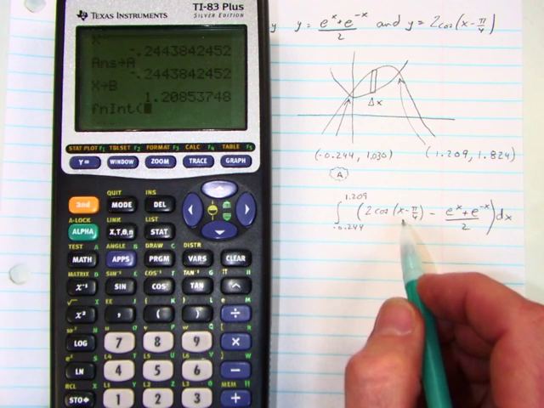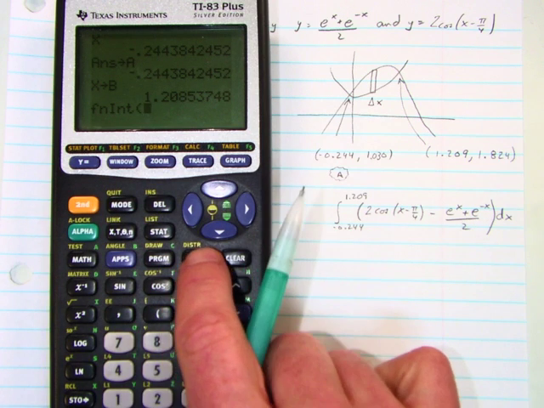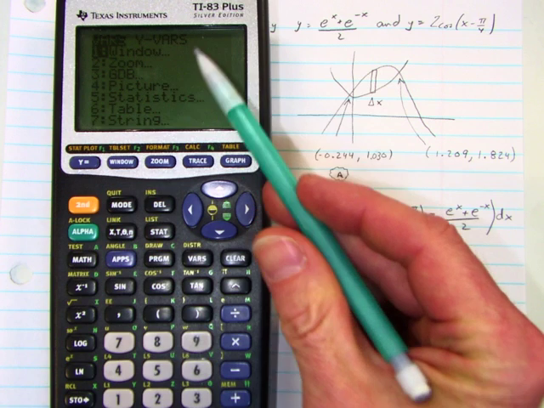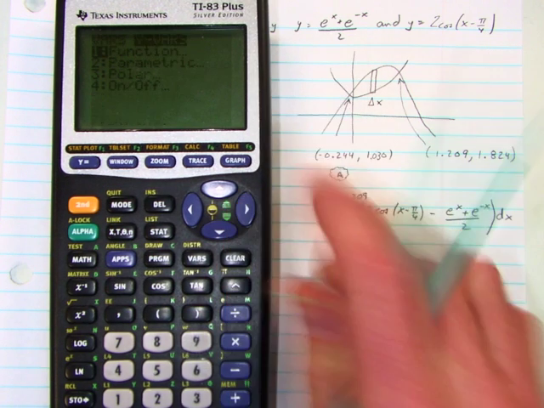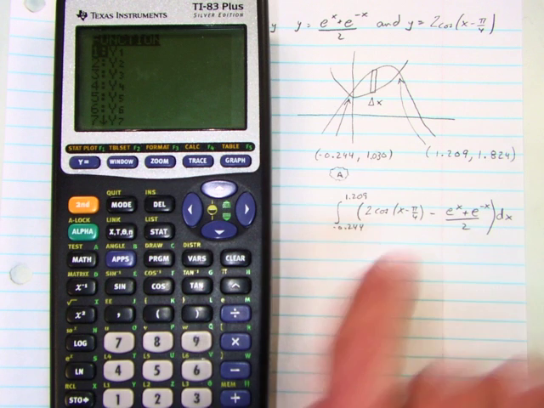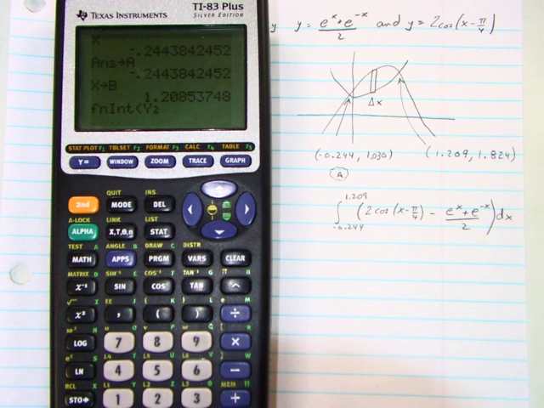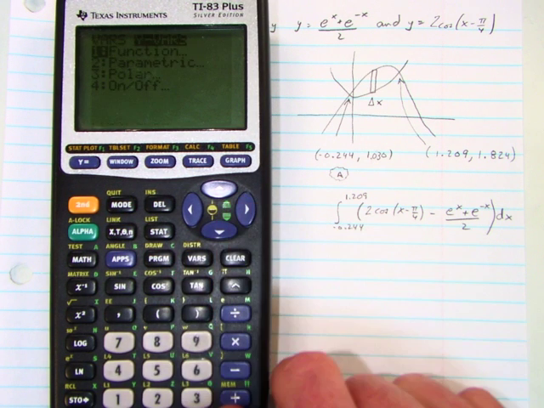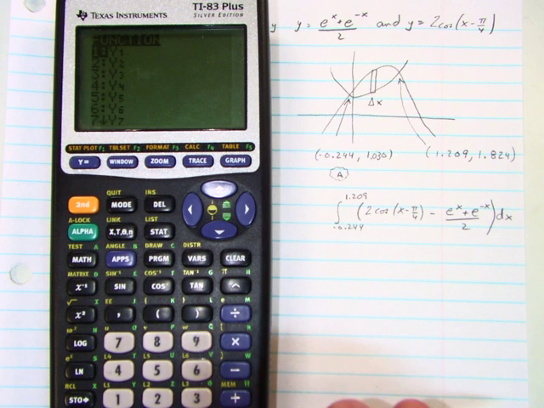So let's go back to our home screen, and we press vars, and then it says Y-vars at the top. That's our y variables. Move it over. We're dealing with a function. Hit enter. And the cosine was in Y2, so we press Y2. Minus, repeat this process, vars, Y-vars, function. And then we want Y1, so we can just press enter.